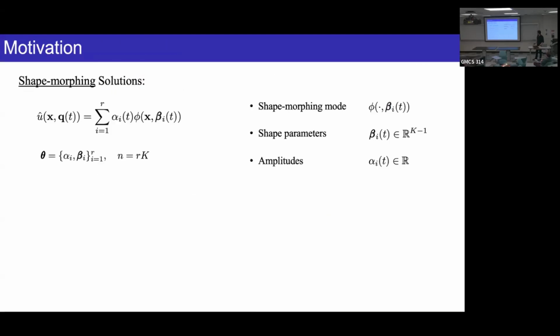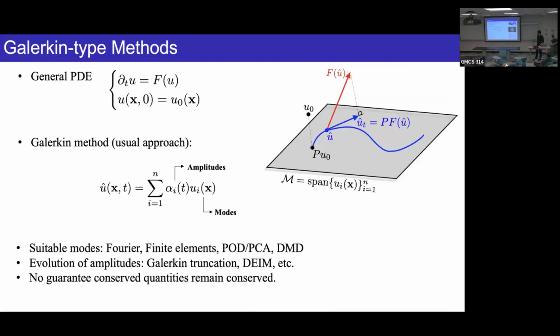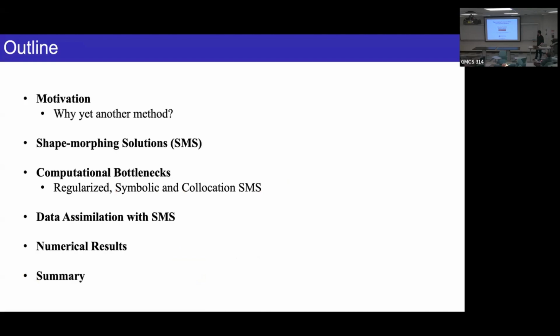So here's the outline. Oh, this went too fast. There we go. This is the outline of the talk. First, I'm going to motivate the talk and explain a little bit. I feel like I'm obliged to explain, given that there are so many methods for solving PDEs, why yet another method is required.